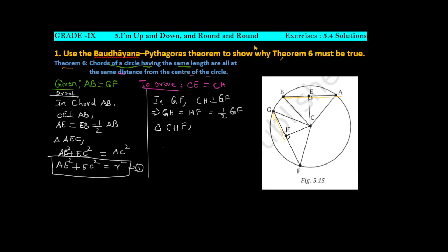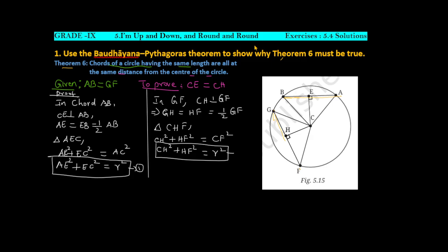Now for the next chord, the same way, taking triangle CHF, CF is the radius. CH squared plus HF squared is equal to CF squared. So CH squared plus HF squared is equal to R squared. This is our next equation.